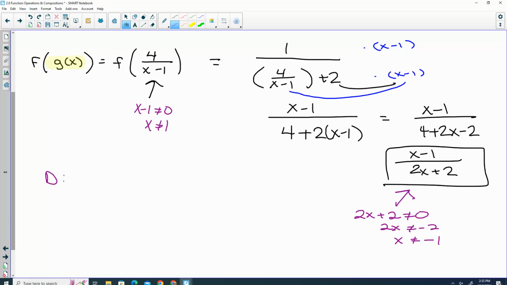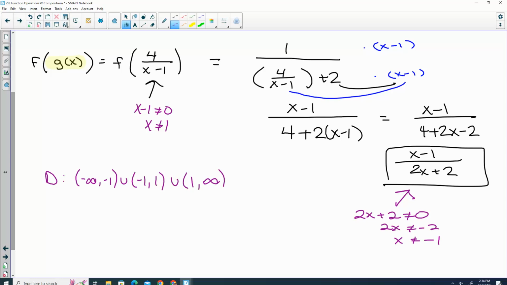Now, if you're trying to write that as interval notation, it's a little bit cumbersome because it's saying we can't have positive or negative 1. So it means it's everything smaller than negative 1, everything between negative 1 and positive 1, and everything bigger than 1. So it gives me more pieces.